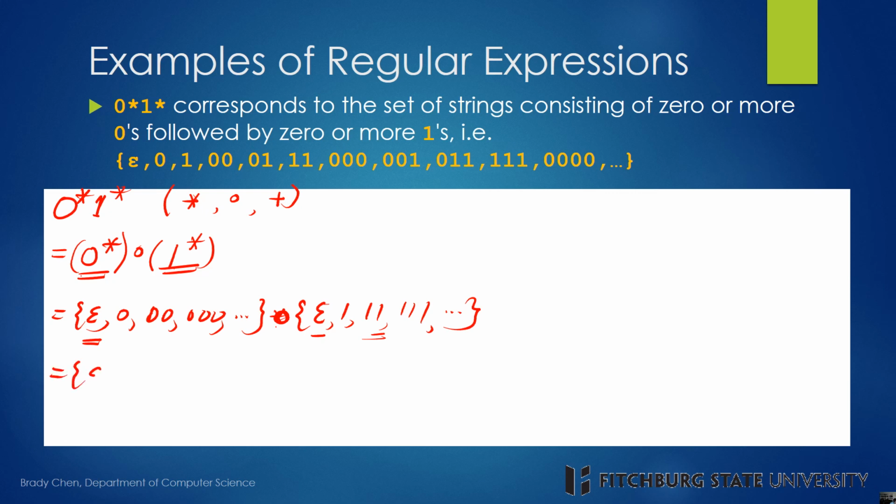This is going to give you epsilon, 0, 1, 00, 01, 11, and so on. If the first one is epsilon and the second one is 11, that's 11, because epsilon is the empty string.